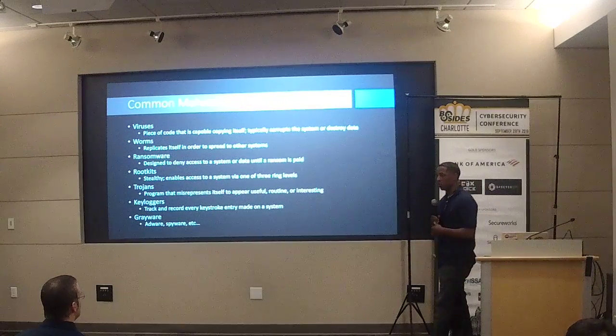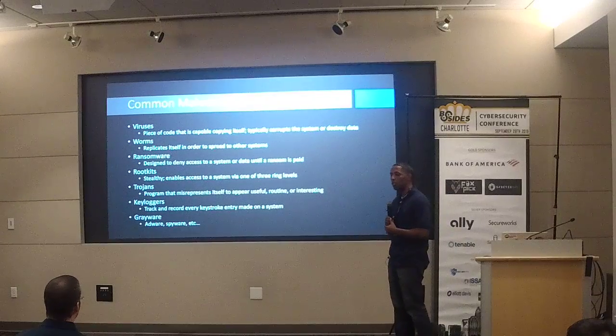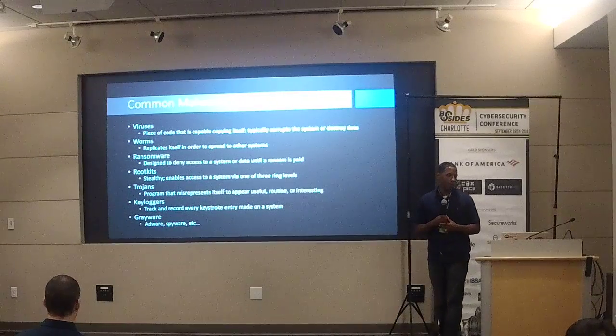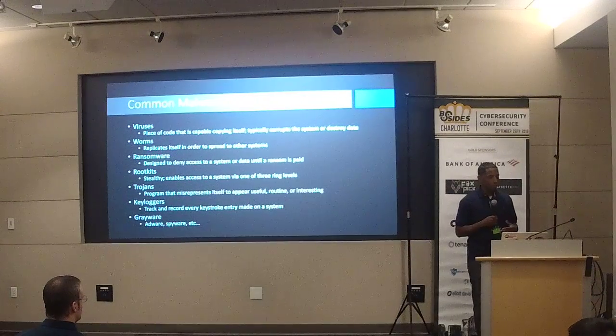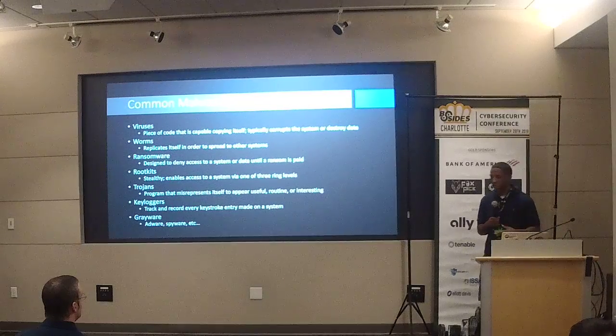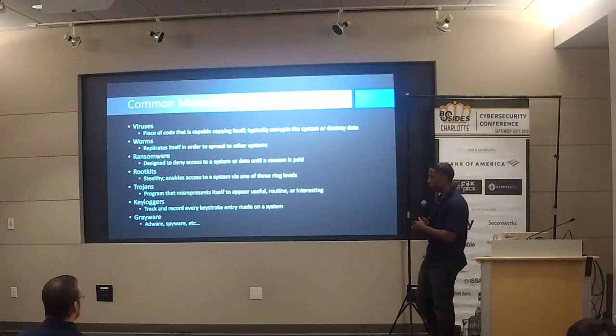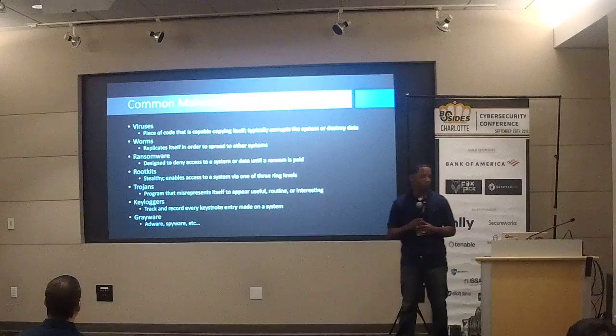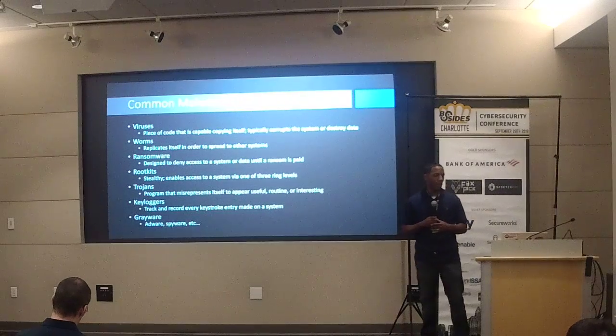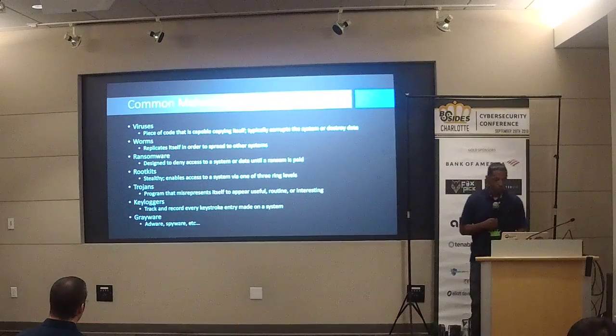Rootkits have been a thing, continue to be a thing, very, very stealthy in nature, right? Actually detecting them is really difficult. Trojans, keyloggers, adware, which is really grayware, but keyloggers are definitely ramping up in this space as well.